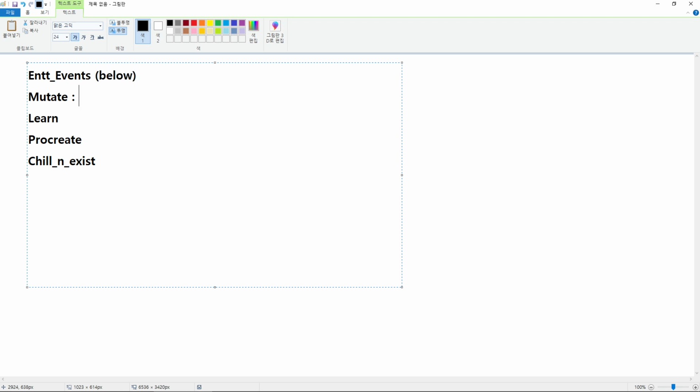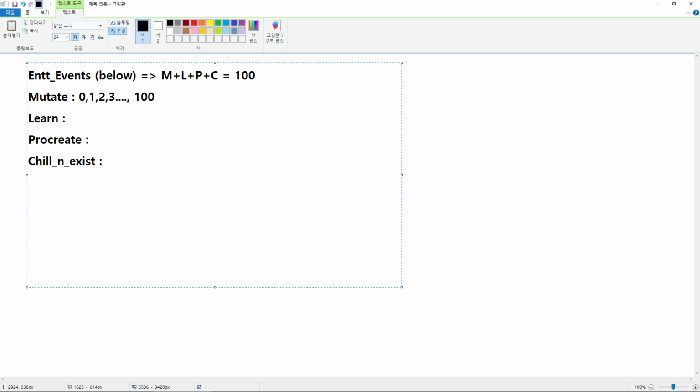For example, if I were to make sure that M plus L plus P plus C equals 100, then I could just start from 0, 1, 2, 3, all the way to 100.